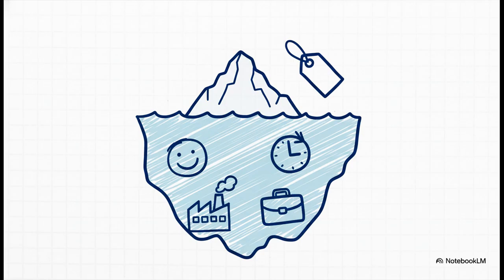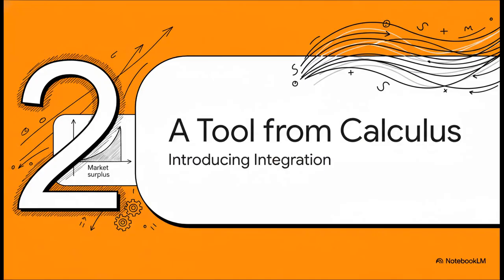For you, the seller, the hidden part of your iceberg is your entire cost structure, not just materials and labor, but your opportunity cost. What else could you have done with that time and money? The price is just where these two icebergs meet. But our job as smart business leaders is to understand the entire hidden structure of value that's lurking beneath the surface.